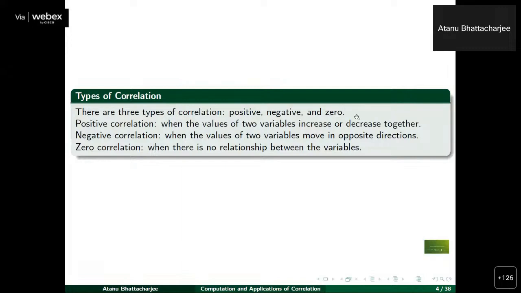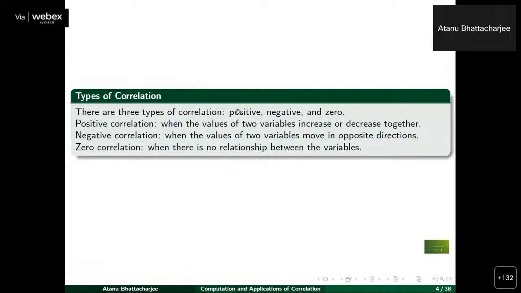But in reality, we hardly get exactly +1 or -1 correlation coefficients, or exactly 0. We always get values towards 1 or towards -1. Let's say -0.93, that would be towards the negative maximum.